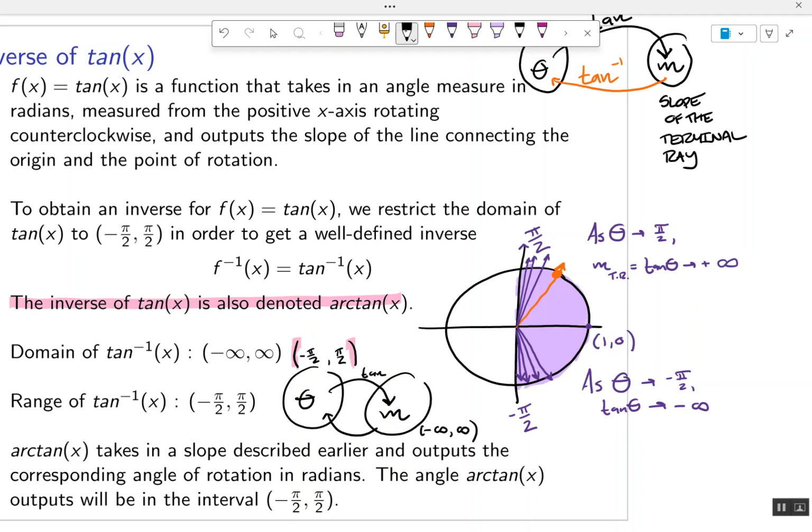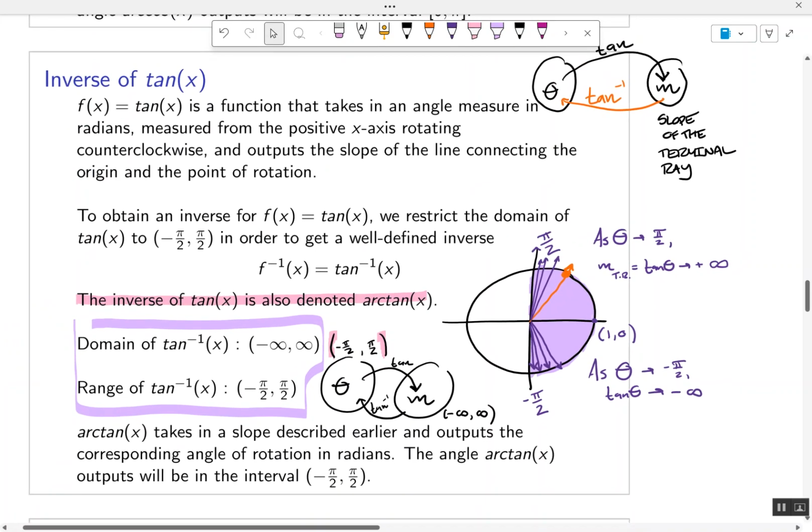We get all possible slopes as our tangent as the terminal ray rotates from bottom to top. So we can see here that tangent inverse has this domain from negative infinity to infinity, and that restricted range right there.